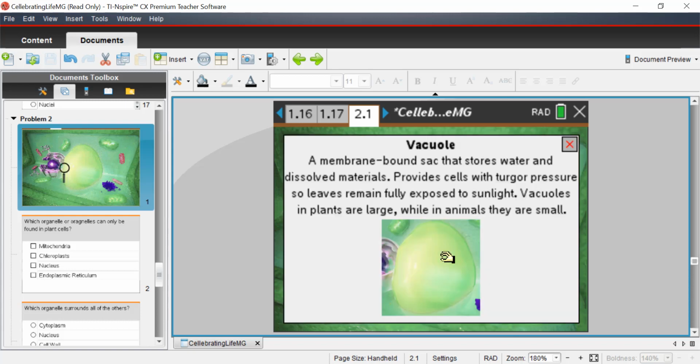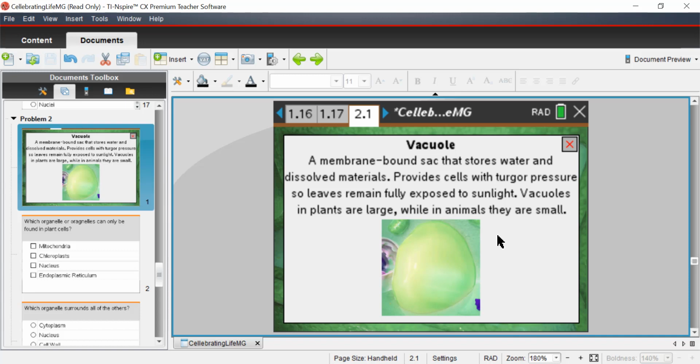And this monster is the vacuole. A membrane-bound sac that stores water and dissolved materials, it provides cells with turgor pressure, so leaves remain fully exposed to sunlight. Vacuoles in plants are large, while in animals they are small.